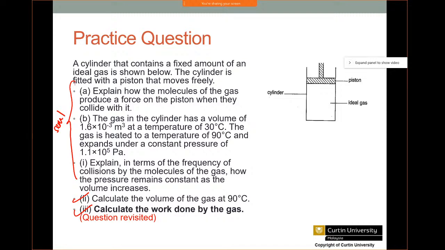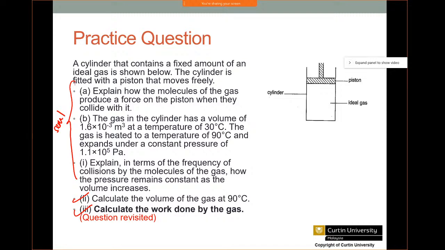So these are the questions. Initially we have the information.